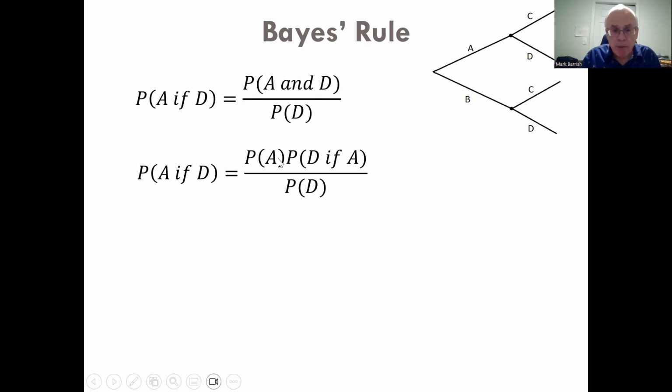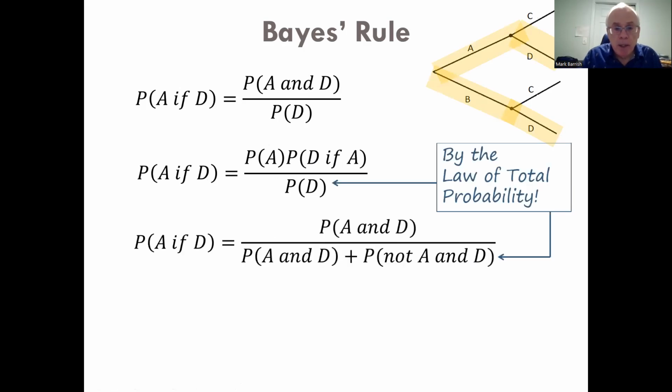That is the probability of A times the probability of D given A, because this is the reverse of this one. And the denominator, we're going to use the total probability. So the denominator is going to be the probability of A and D and the probability of not A and D.